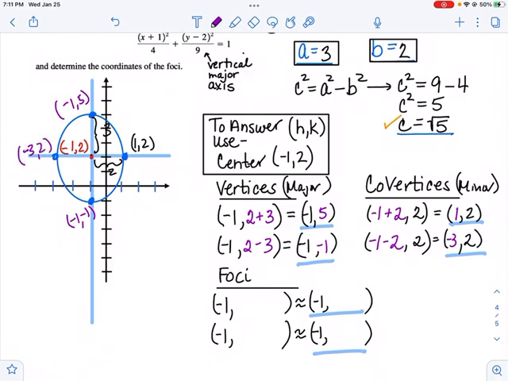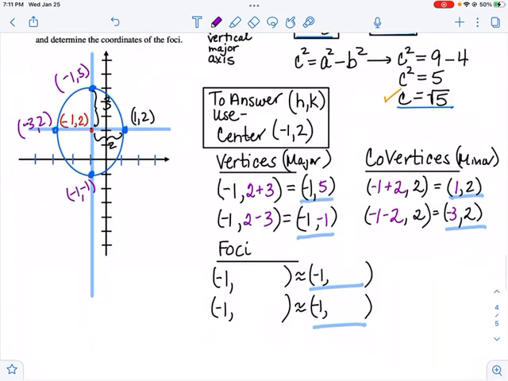Then to get the foci, they're on the major axis, so we'll put those in then. So I'm on an x value of -1, so I've got to start with the 2, and remember I have to add the square root of 5, and then I'm going to start with the 2 and subtract the square root of 5. So our points are really approximately, if you see, 2 plus 2.24 is 4.24.